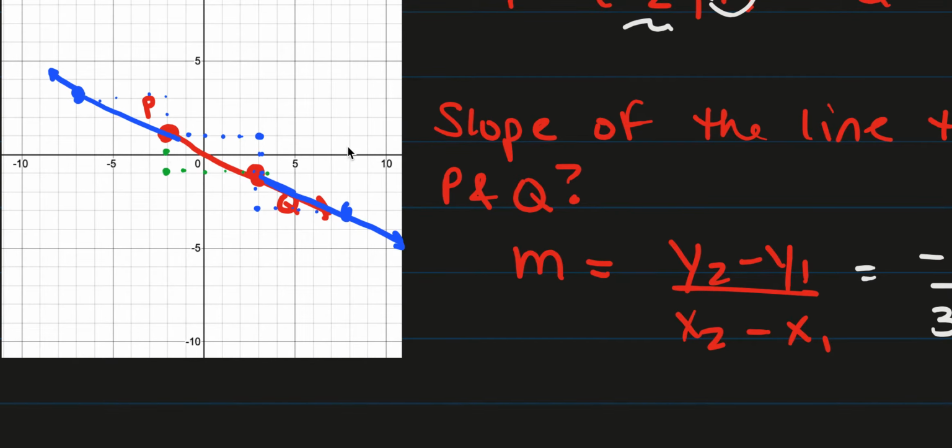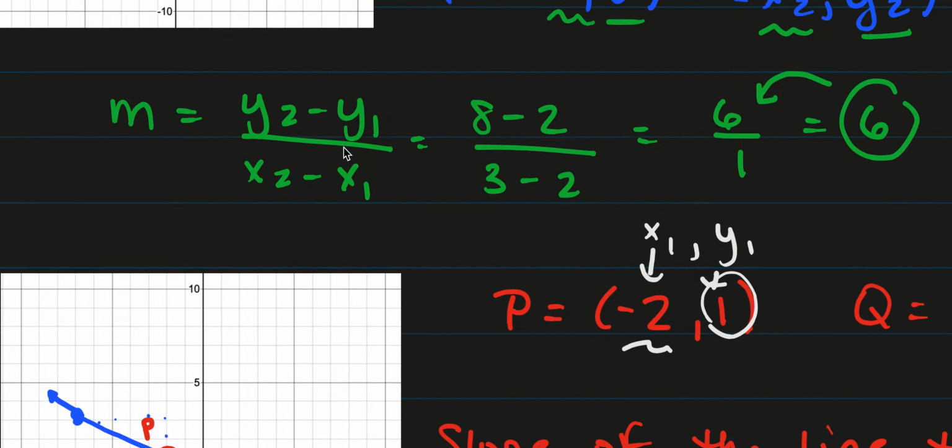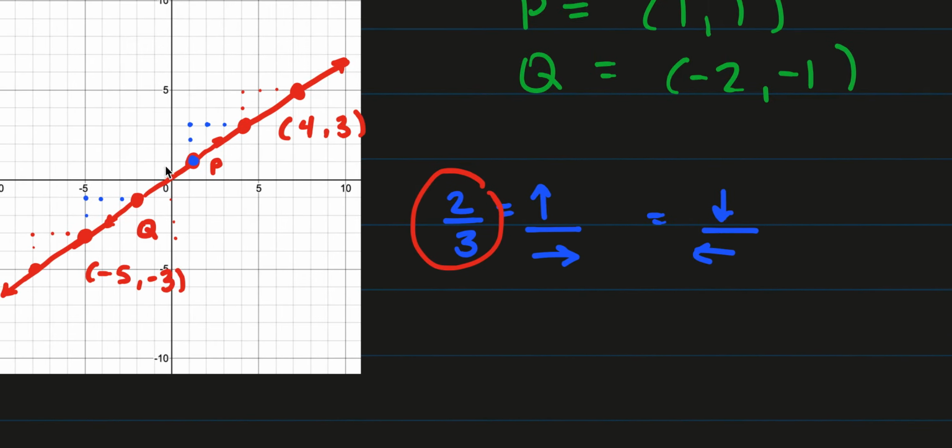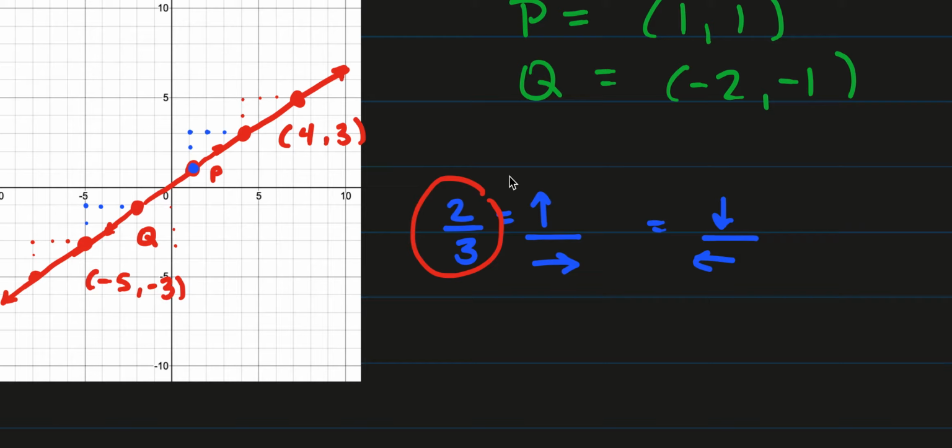I also said in one of my examples, I think up here, like with these positive slopes, we could go up and to the right, but we could also go down and to the left. And that's because 2 over 3 is the same thing as negative 2 over negative 3, right?